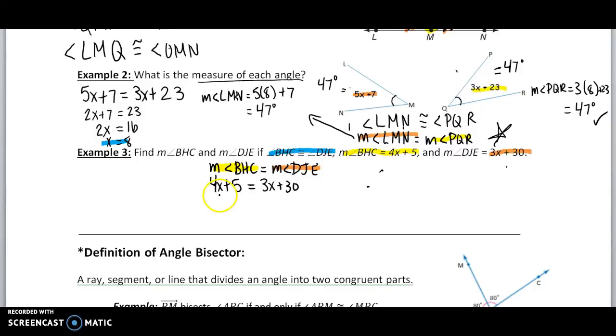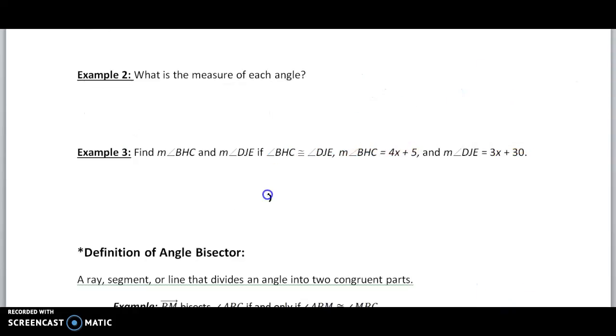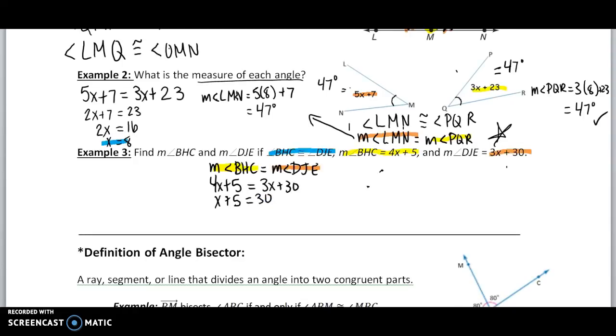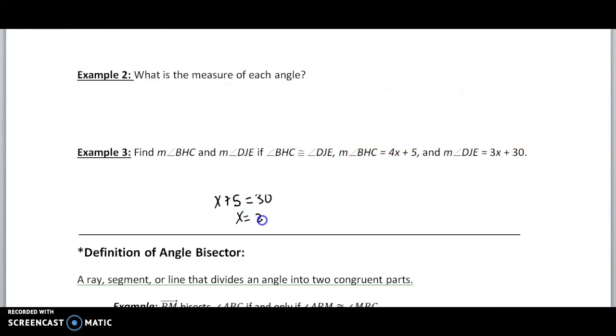So I'm going to subtract 3x, and I get 1x, or just x, plus 5 on the right, and then plus 30, so just the 30. Then to get x by itself, I see x plus 5. I want to undo addition, so I subtract 5 from both sides, and I get x equals 25.